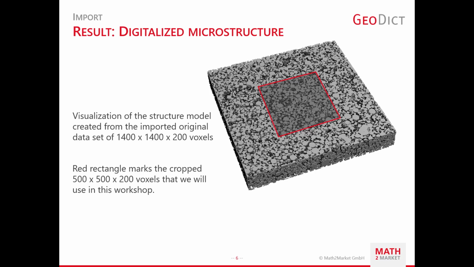The thickness of the structure, so the 200 voxels, this is just the thickness of the entire cathode. So in that direction, we do not need to cut anything. We are only cutting the X and Y direction to these 500 voxels.